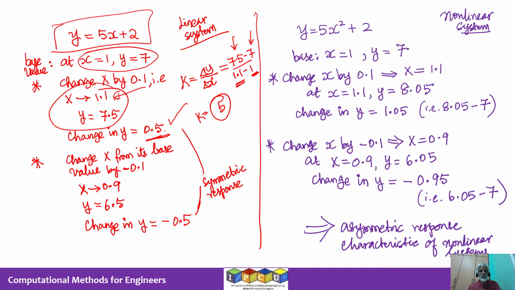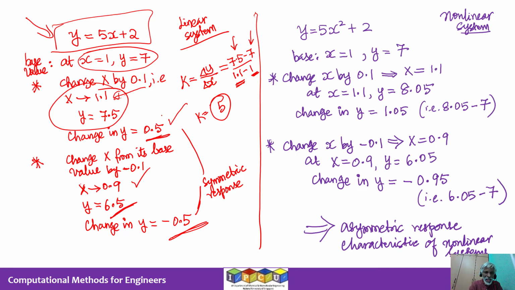Now, let's do another experiment where we change x from its base value of 1 by minus 0.1. That means you are perturbing the system in the negative direction. So the new value of x is 0.9. If you substitute x = 0.9 in our system equation, we get y = 5 times 0.9 plus 2, which is equal to 6.5. Notice the change in y is 0.5 negative.